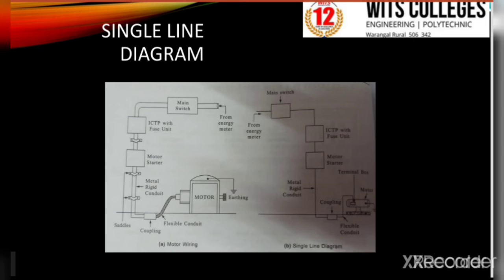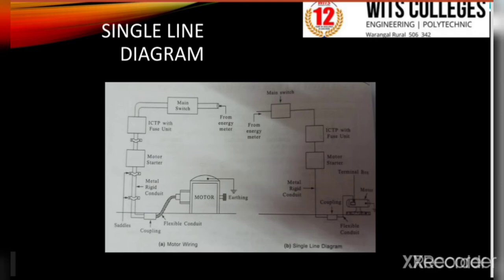That's the reason we take the height as 1.5 meters. The main purpose of this starter is to limit the starting current to a desirable value. Here DOL, star delta and auto transformer starters are commonly used for starting the motor. To start the motor we use these types of starters.